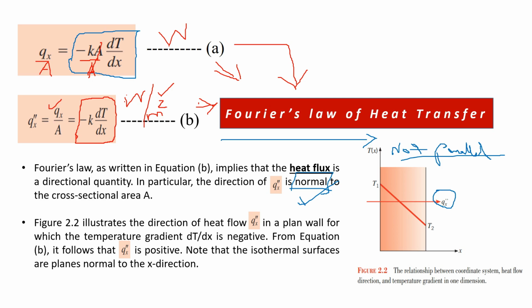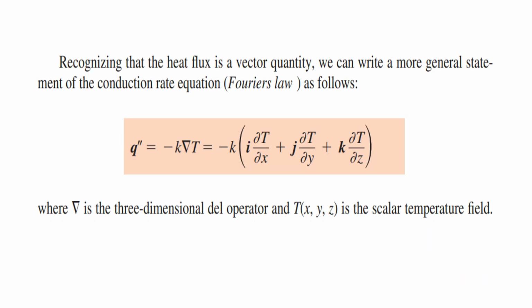So the direction of q of x is normal to the cross sectional area, which implies that q double prime of x, the heat flux, has a direction. So Fourier's law of heat transfer is a directional property, and whenever there is a directional property, it can be written in vector notation, where we use the del operator with T, which is used for three-dimensional space.